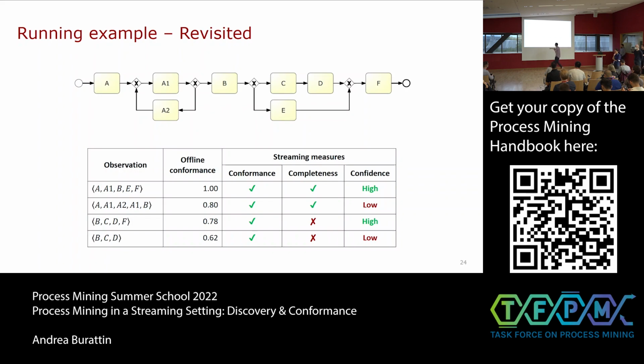Instead, the third trace already reached the end, so we do not expect anything else to happen, and therefore we can be quite confident about the conformance that we computed up to now. Thank you very much for the explanation. You're welcome.